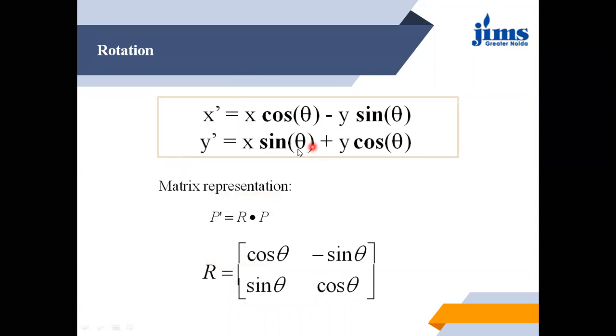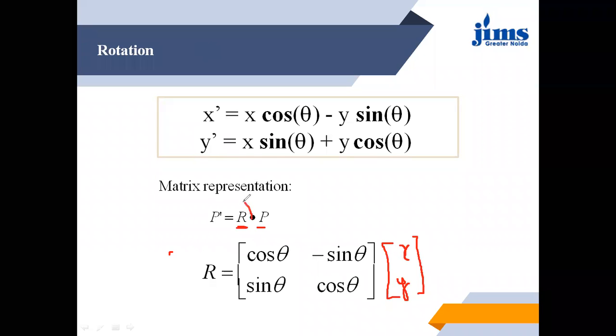If I want to represent this in the form of a matrix, then I can represent P dash equals R times P, where R means the rotation by the angle at which I have to rotate, and P is the original value, the original values of x and y. I multiplied this R by P.